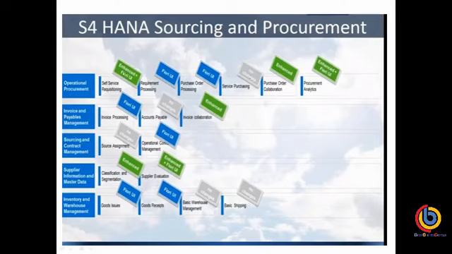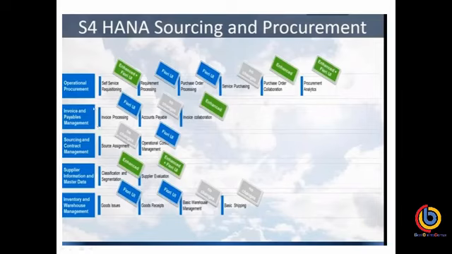So basically this is the additional functionality that SAP has given. Blue is as it is, what we have used in our traditional ERP, and now we'll be using in our HANA systems. The gray has been eliminated.